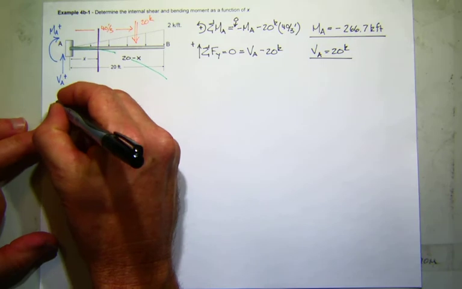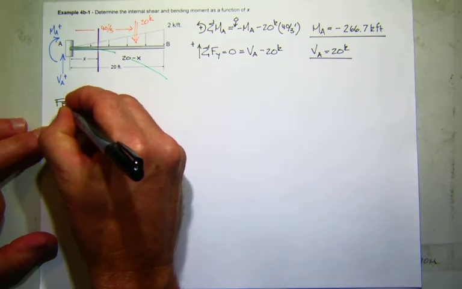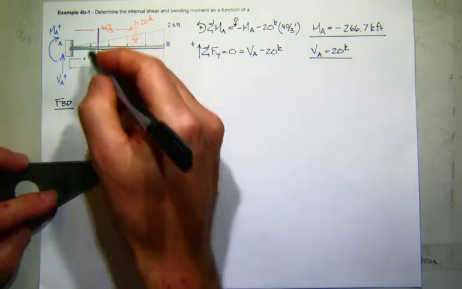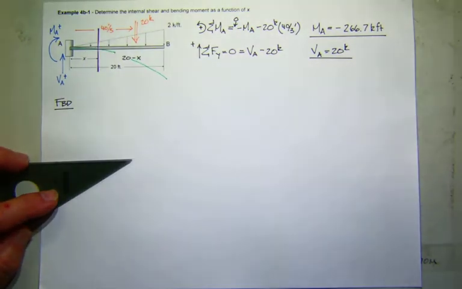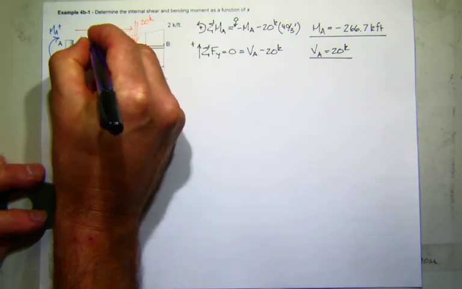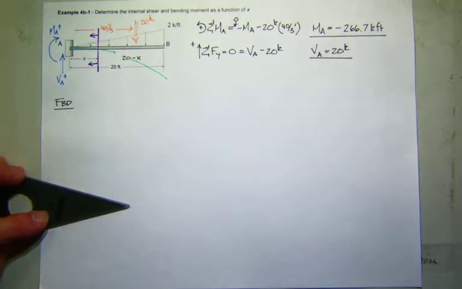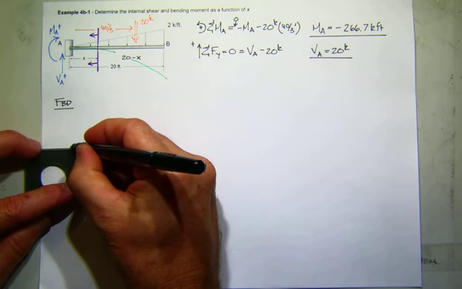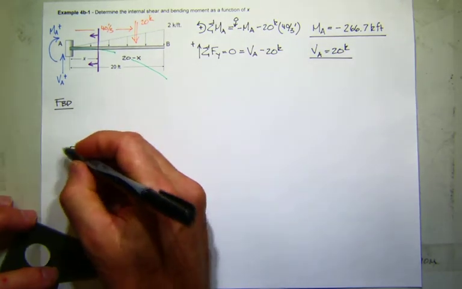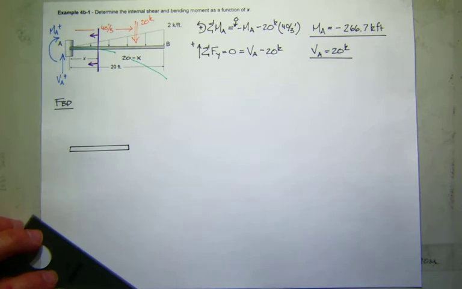Okay, so now I'm going to come down here and draw my free body diagram for this left-hand section. As we talked before, we're going to look to the left. I'll make it a little larger so we can see it. Now, over here at the left side, what do I have?